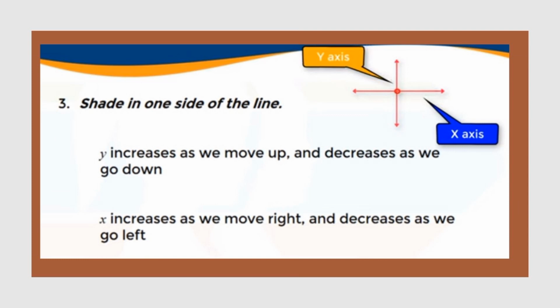This is the third step: shade in one side of the line. This is an example of the y-axis and x-axis.